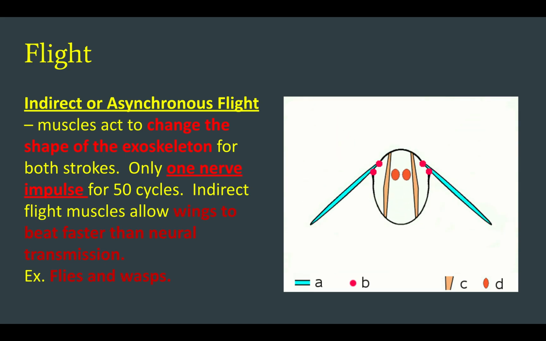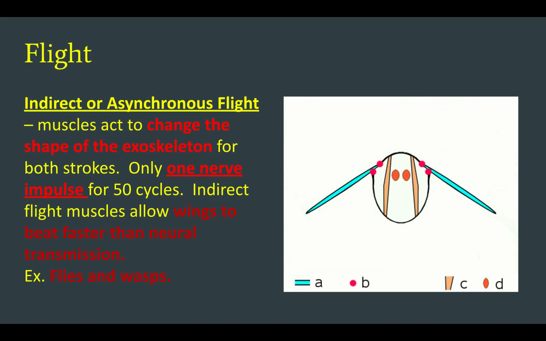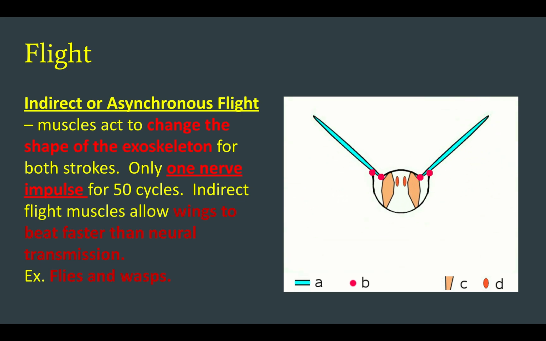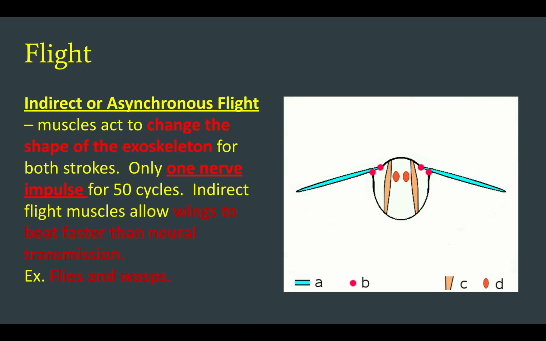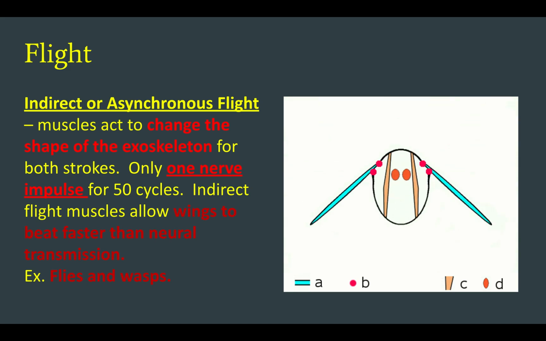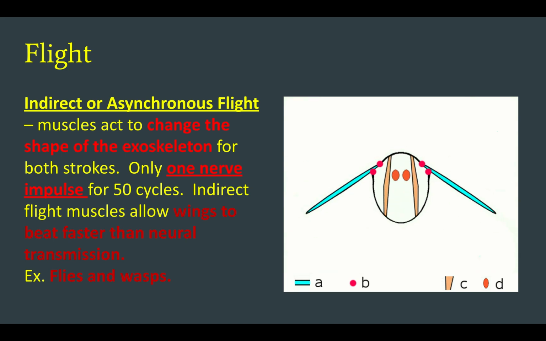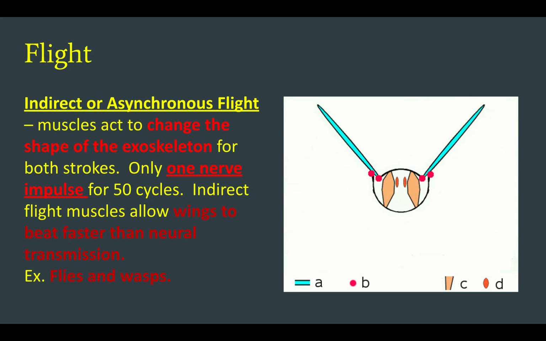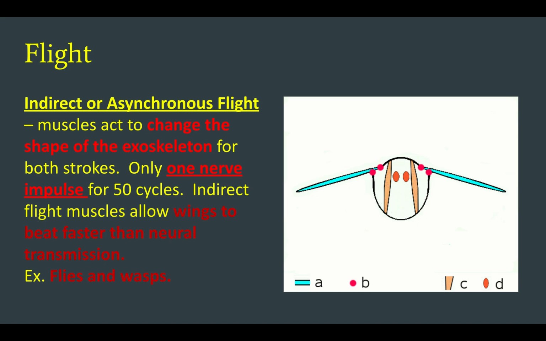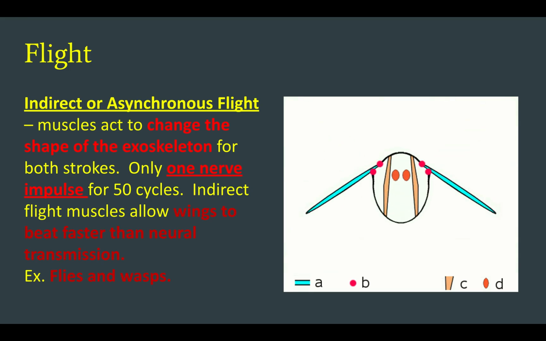When the muscles contract, it moves the entire thoracic region of the body of the insect. The flight muscles distort the shape of the thorax, which in turn causes the wings to move. I'm going to go back for just a second. Can everyone see how the thorax is being highly affected when it's indirect?